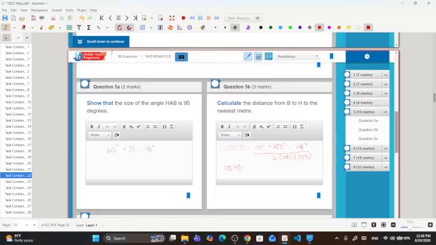Can you solve it and tell me what answer we get? Cosine of 90 should be multiplied with 500 times 100 minus 100 squared minus 250 squared equals minus HB squared.